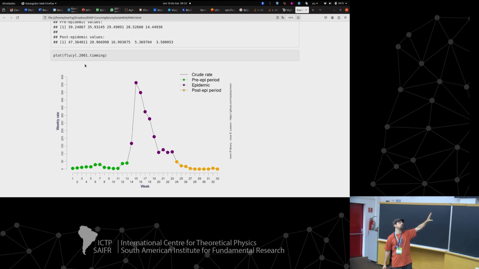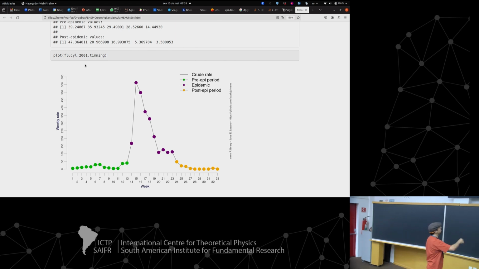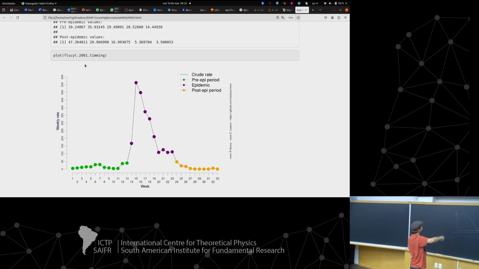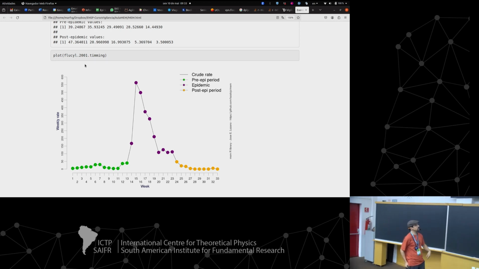If you just call the R base function plot, it looks into the underlying information in that object and gives us this representation. So we have the observed values of incidence for that data set, the original data set that was used to construct that object.